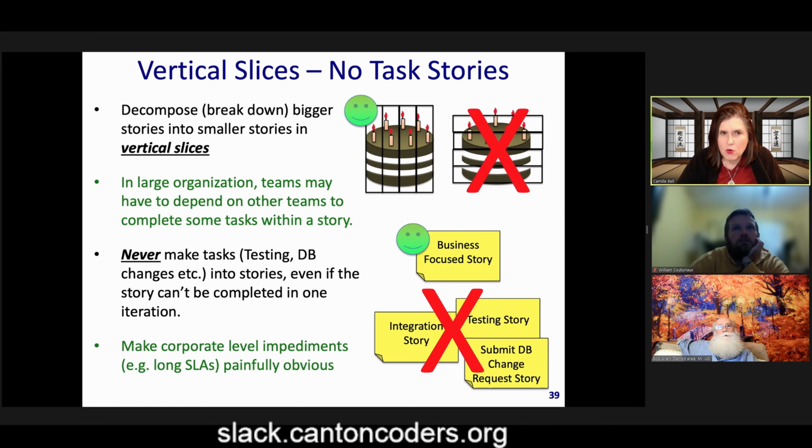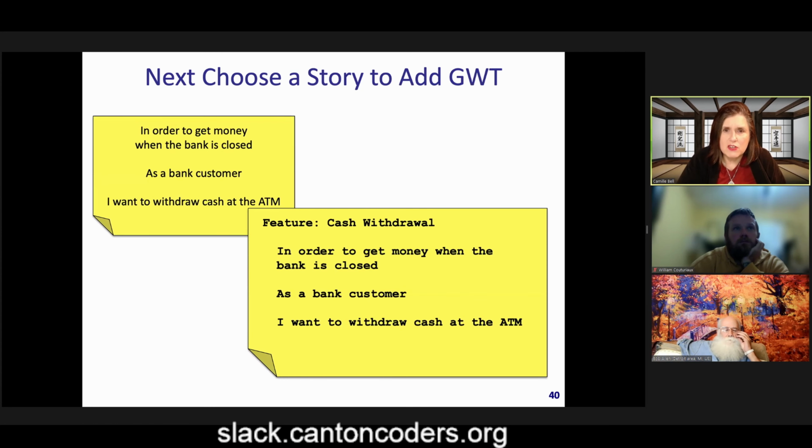Generally speaking, when you break these down, you want to break them into vertical slices as much as you can. As I mentioned, it's important to know how the stories relate to each other. But we're not talking about separate stories for testing and database changes and stuff like this. Now, you can use these tools for things like that, but that's not our focus here. Our focus here is specifications.